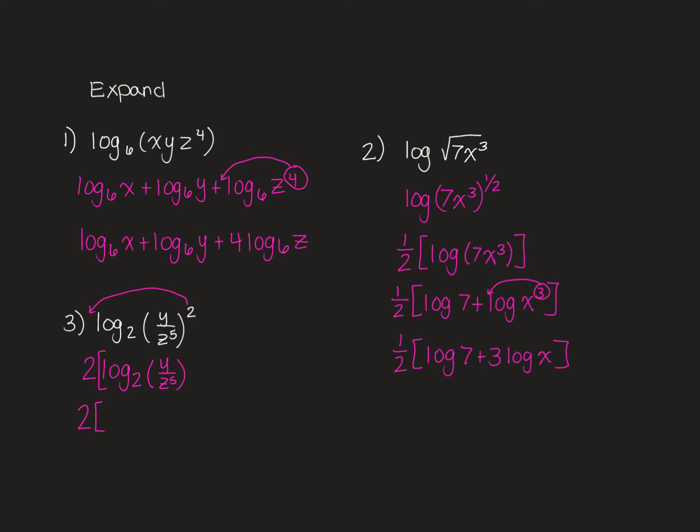So even up here, I can put parentheses. So we will have log base 2 of y minus log base 2 of z to the 5th. Now we just need to kick out that power again. So we have 2 log base 2 of y minus 5 log base 2 of z. That's your expanded logarithm.